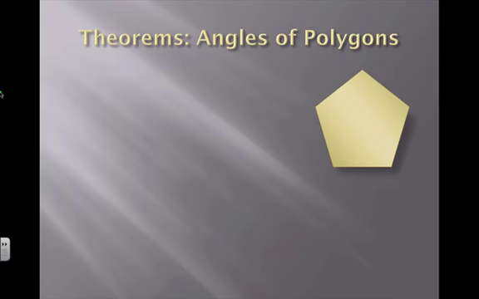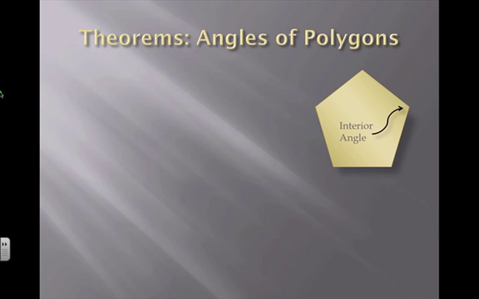Okay, now that we've learned a couple of new terms, we're going to move on to theorems and corollaries about angles of polygons. The first 2 that we're going to learn, actually a theorem and a corollary, are regarding interior angles. So let's quickly review what an interior angle is. If we take a look at our pentagon over here, we see that an interior angle is on the inside of the pentagon and it is located at the vertex.